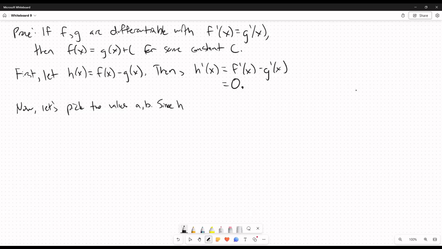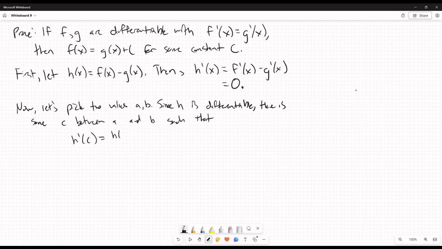Since h is differentiable, there is some c between a and b such that h prime of c equals h of b minus h of a over b minus a.